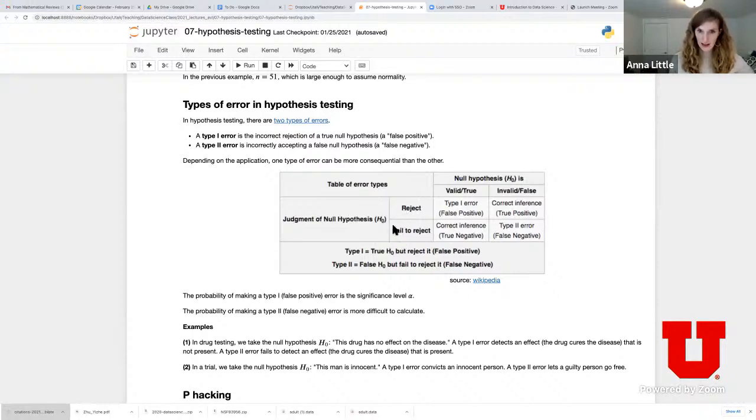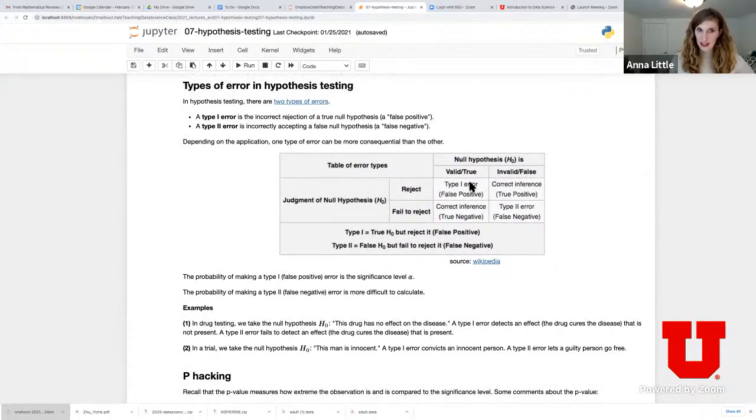So here are the outcomes of the hypothesis test, and this is the underlying truth of what's going on. There are two different errors that can happen. In a type 1 error, the null hypothesis is true, but we reject it. In a type 2 error, the null hypothesis is false, but we fail to reject it.